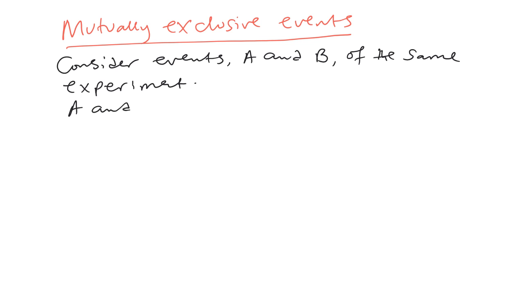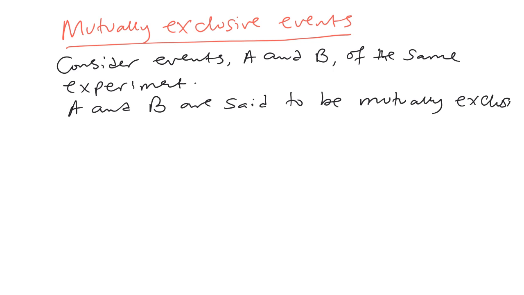A and B are said to be mutually exclusive events if they cannot occur at the same time.